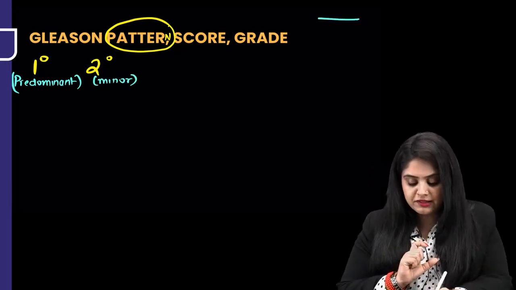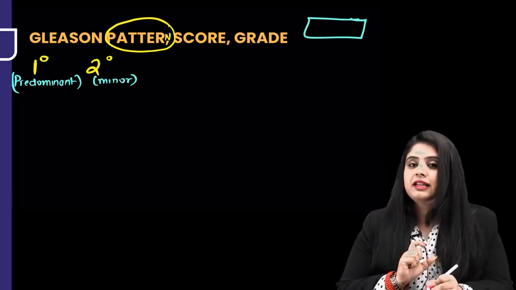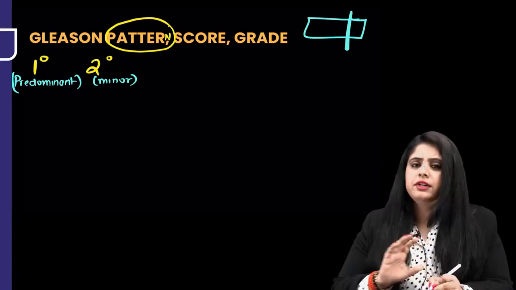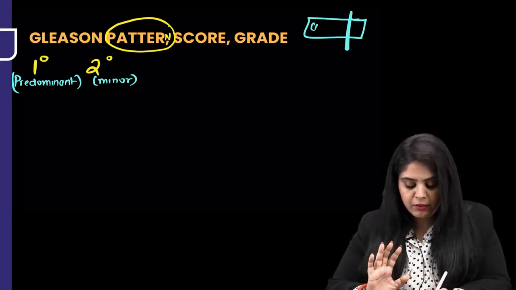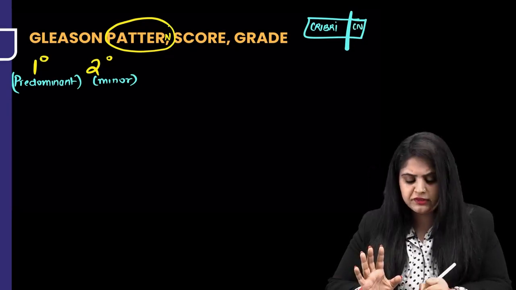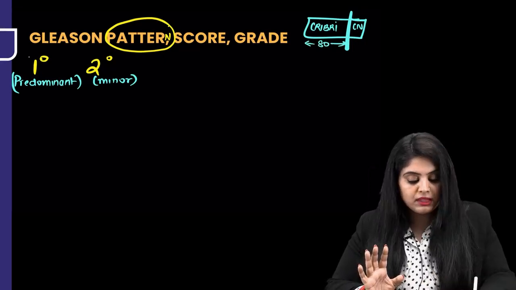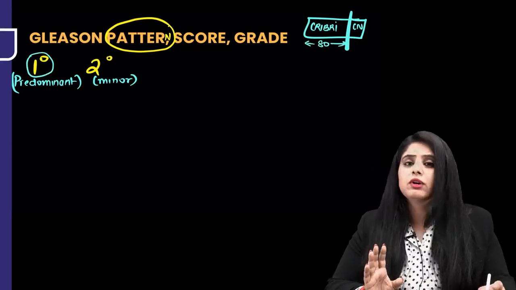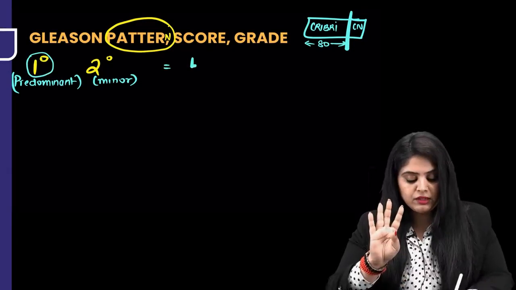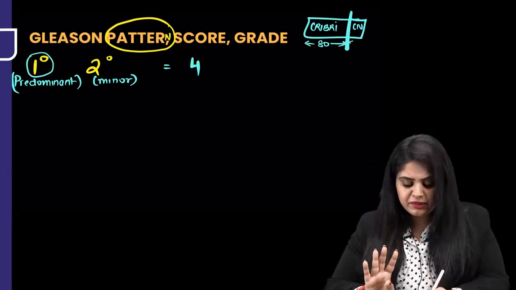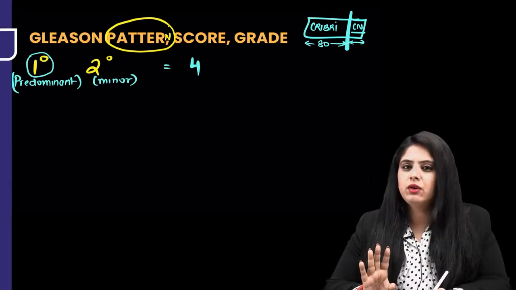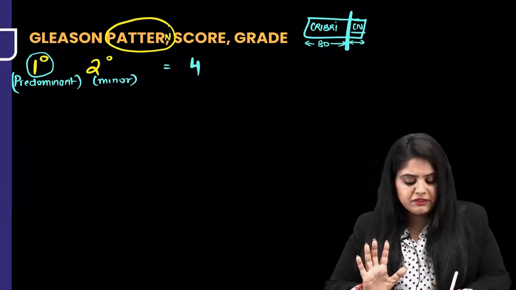So if I'm looking at a slide like this, and in that slide I could see majority, 80% of the tumor is made up of cribriform and 20% of the tumor is made up of comedonecrosis. So you'll say, ma'am, 80% of the tumor is made up of cribriform, meaning cribriform is the primary pattern. What is cribriform? 4. Primary pattern is 4. And 20% of the tumor is made up of comedonecrosis. Comedonecrosis is pattern 5. This means the secondary pattern is going to be 5.